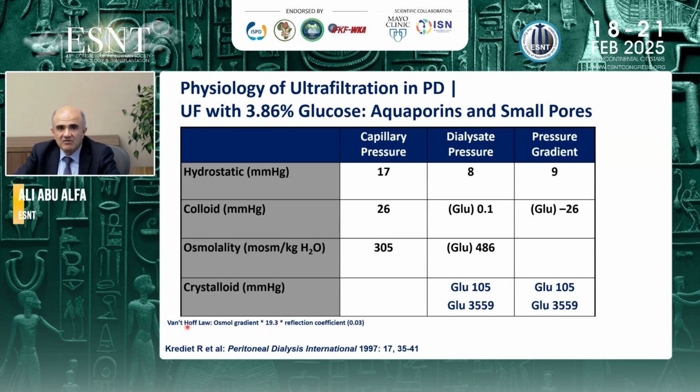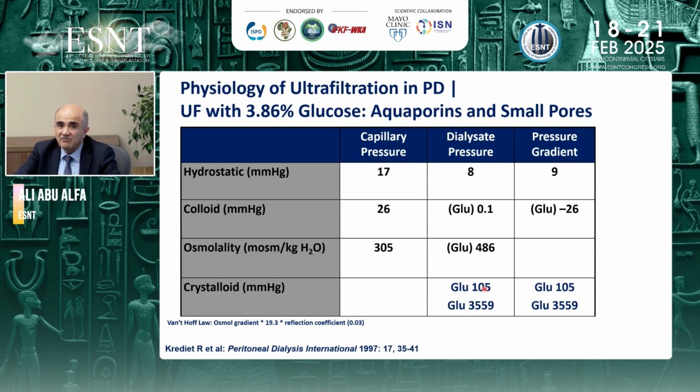You do that via Van 't Hoff's law, very simple. And because of the reflection coefficient being 0.03, which means only 3% of the glucose is theoretically being reflected away from being absorbed, you're going to lose a lot of power via Van 't Hoff's law. That's why you drop from 3,600 millimeters of mercury for that glucose concentration to 105.